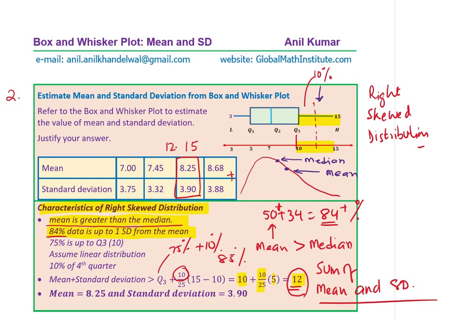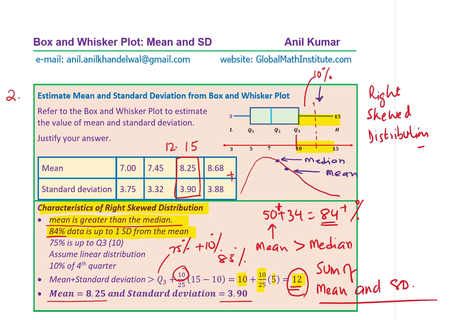So in this case, the mean is 8.25 and the standard deviation becomes 3.90. If you add the other two terms, this is much higher, correct? And this one is much lower. Therefore, they are not the right estimates. So from a multiple choice question, this approximate calculation really helps in estimating the correct combination. I hope that makes sense.